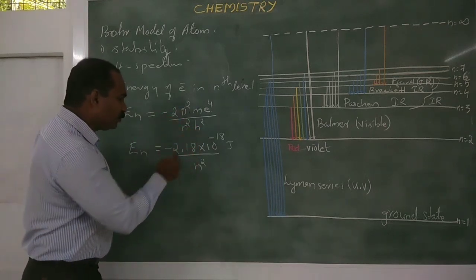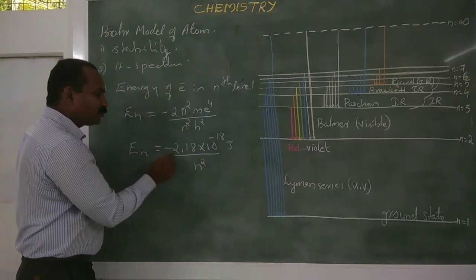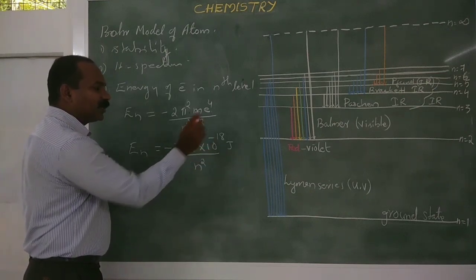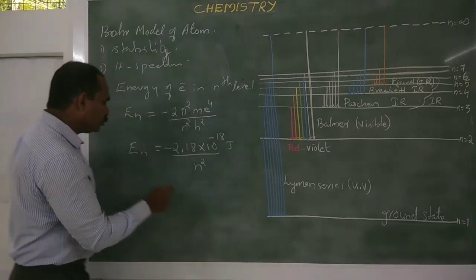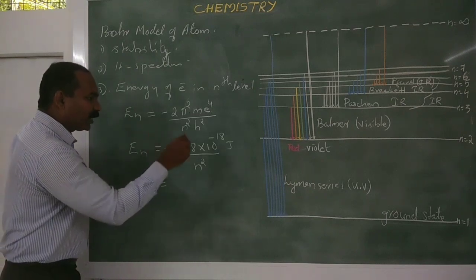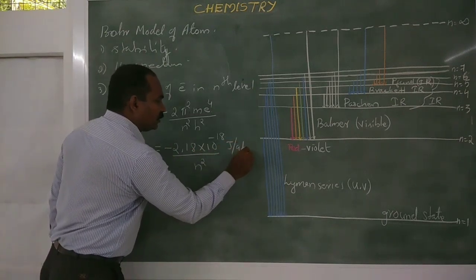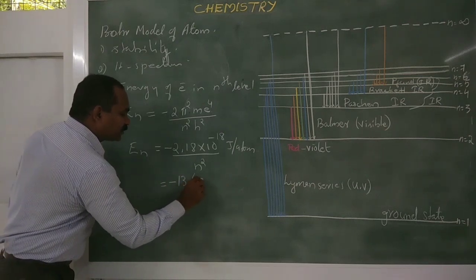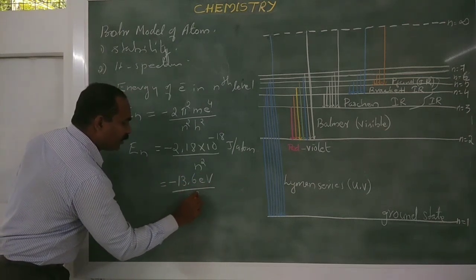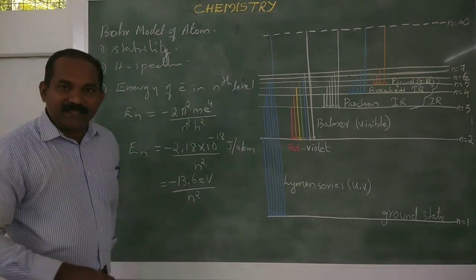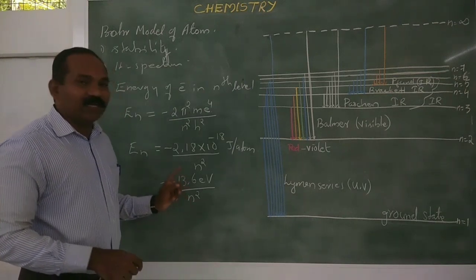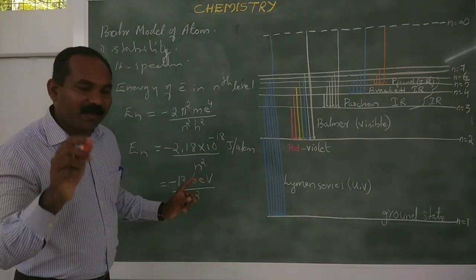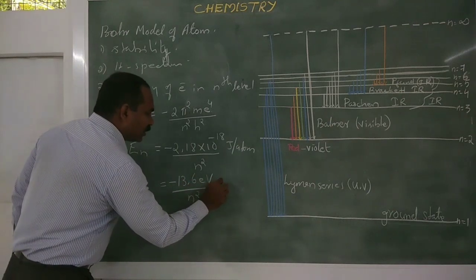By substituting the values, we get minus 2.18 into 10 raised to minus 18 joule, and this can also be expressed in electron volt: minus 13.6 electron volt divided by n square. It is per atom.